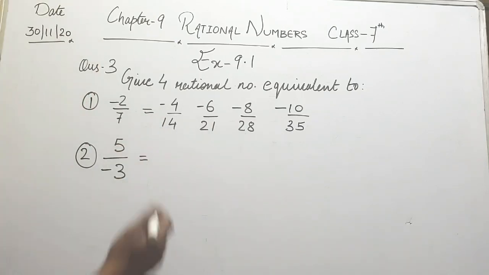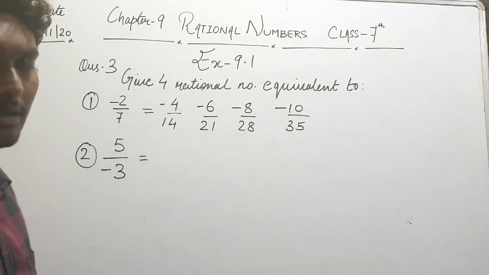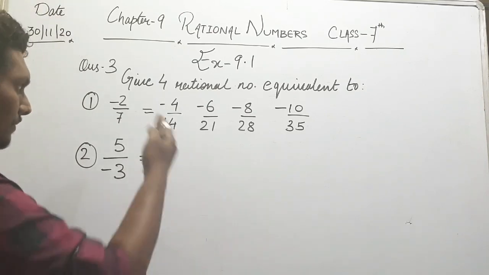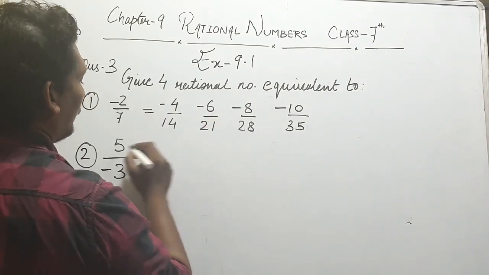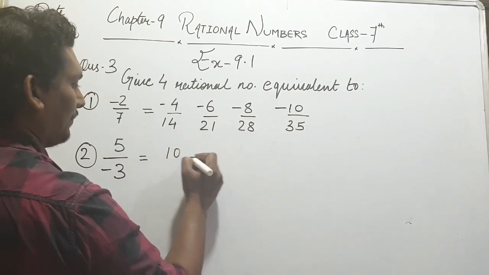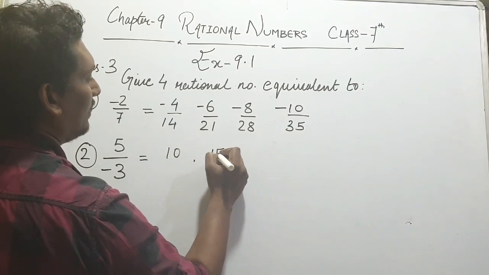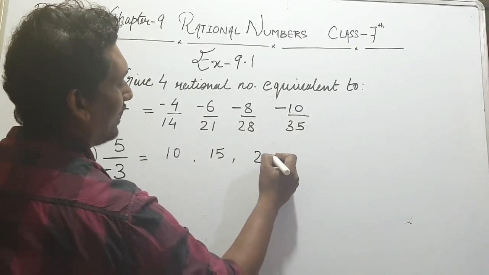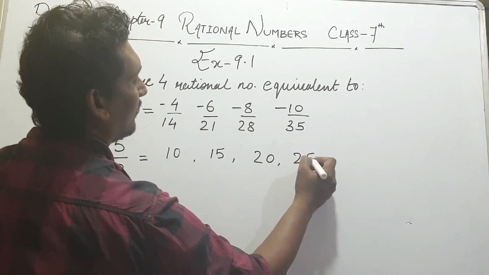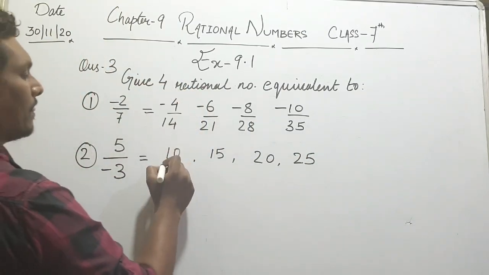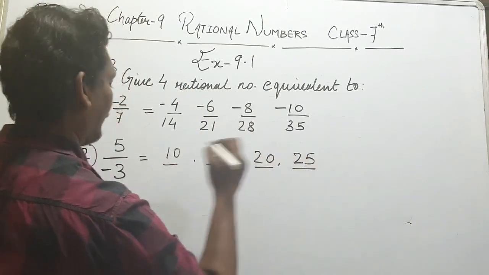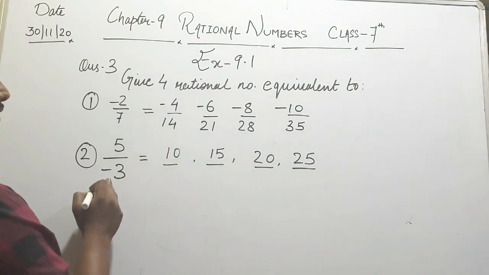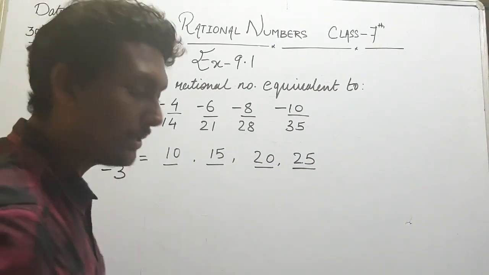Same way, in this 5 by -3, we have to follow the same thing we did in the previous question. 5 1s are 5, 5 2s are 10, 5 3s are 15, 5 4s are 20, then 25. We want 4 here. So the 3 table, we are going to follow the multiplication pattern of 3.